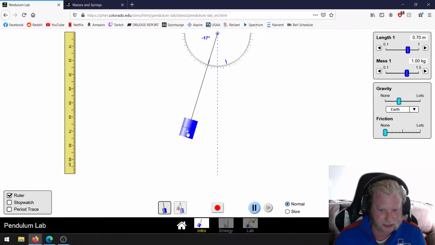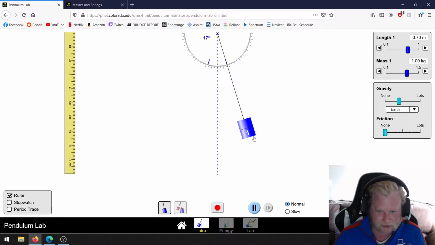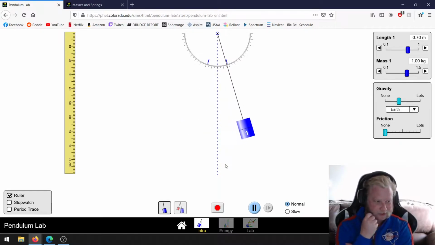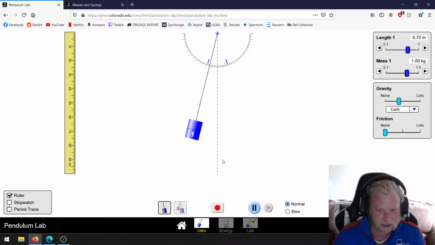If we're looking at our pendulum, the equilibrium position is where the pendulum naturally hangs. We pull it some amplitude off the equilibrium position, and it oscillates around that central point. Now, the reason it oscillates around that equilibrium position is because there's something that we call restoring force acting on it. In the case of your pendulum, the restoring force here is the force of gravity.